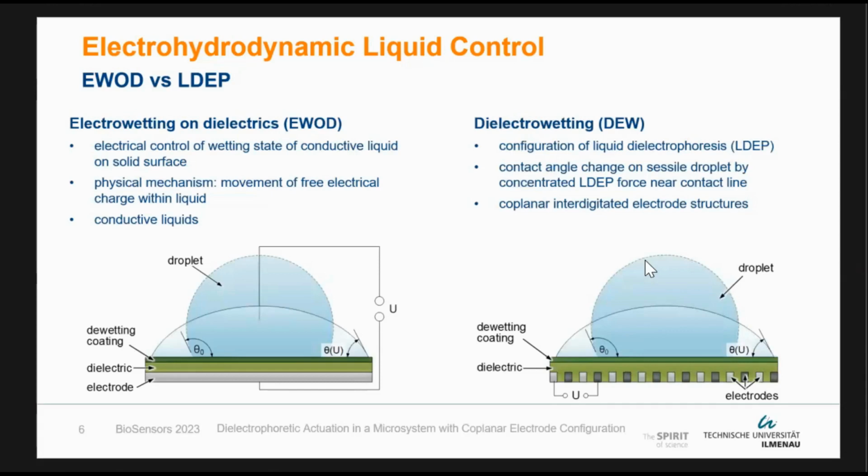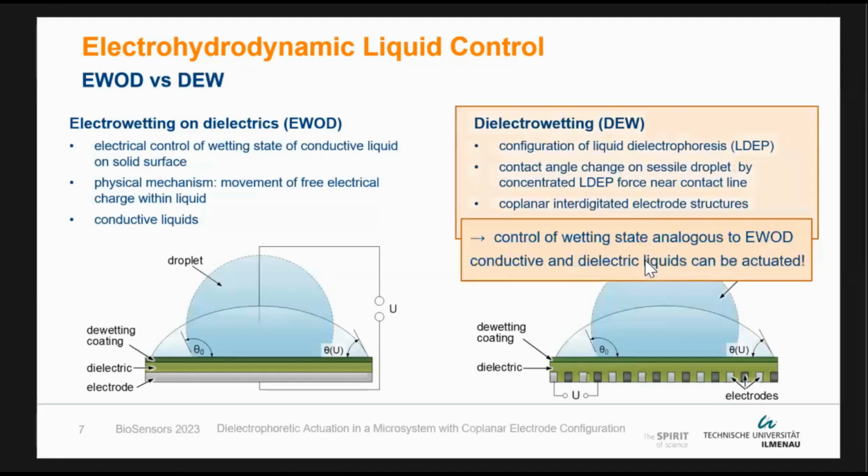And here, by the application of interdigitated electrodes underneath our droplets, we can concentrate the dielectrophoretic force near our substrate surface. And by this, you can achieve a contact angle change as known from electrowetting, although we are using dielectrophoretic forces. And this is the effect that I chose to work with on my substrate, as we can use it to manipulate dielectric and conductive liquids.